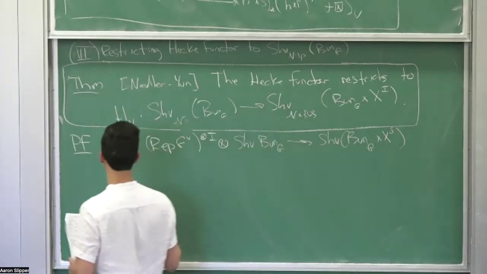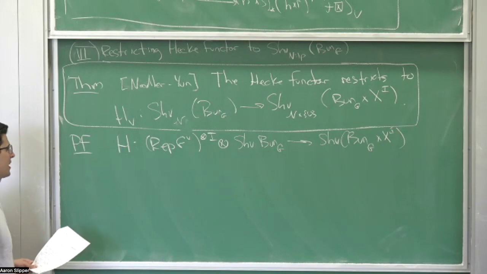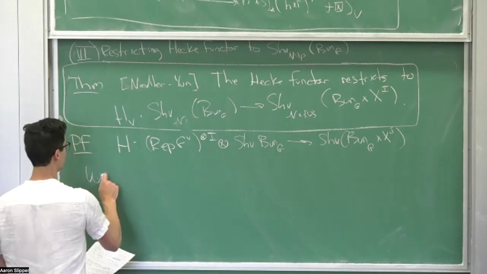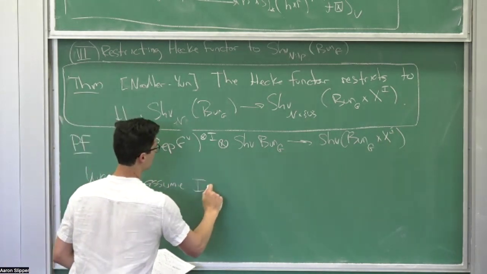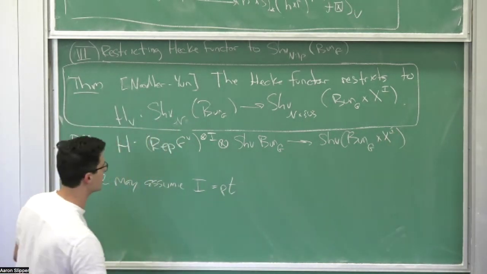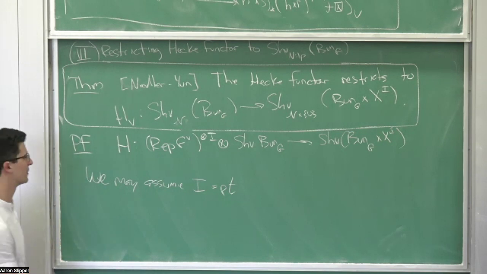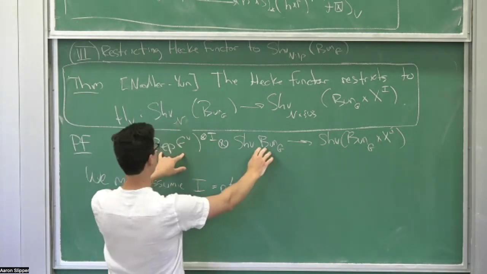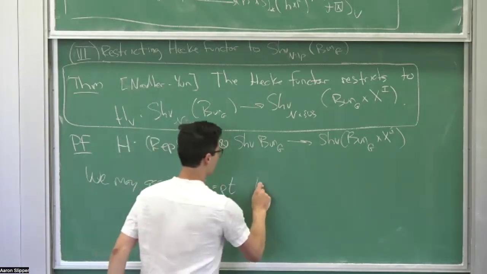So first I can just assume I is a point by associativity of this action. Right, if I can show the statement for I equals a point, then I use the tensor product decomposition of sheaves. So I do Rep G tensor sheaves on BunG, then I do another Rep G tensor that, and so on. So just by associativity.